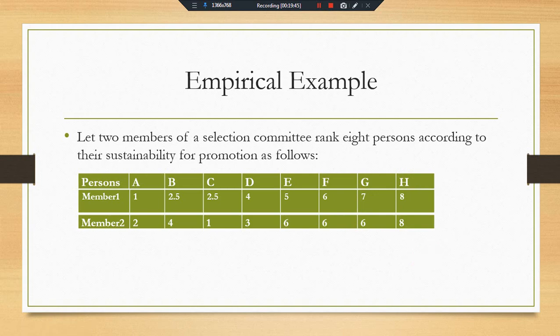See here we have a tie. In member 1's case we have a tie between B and C, and in member 2's case we have a tie between E, F and G. So let's solve this equation.